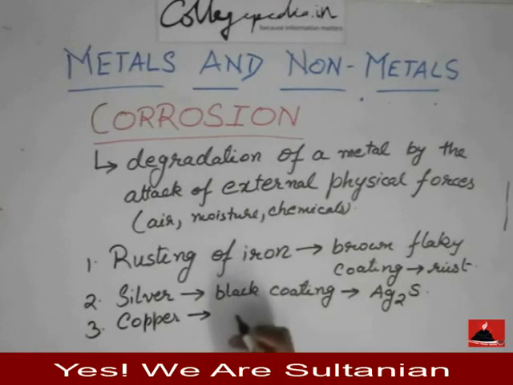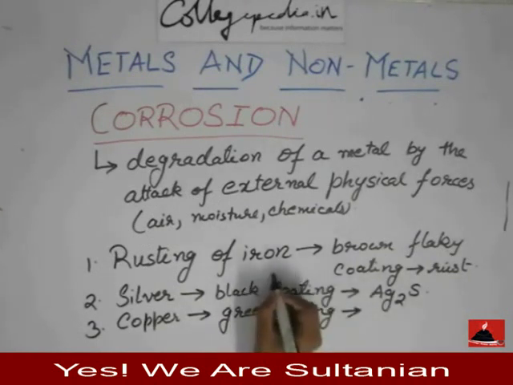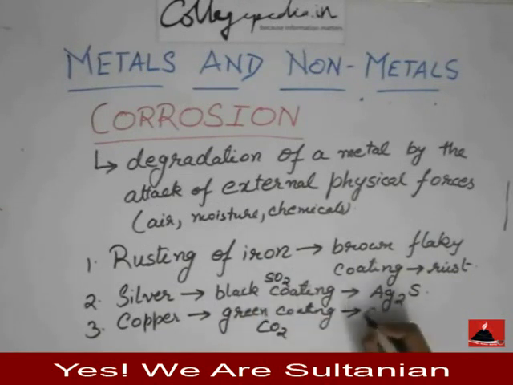And copper, after being exposed to air, will get a green coating. This is basically due to carbon dioxide, and the substance which is the green coating is copper carbonate.